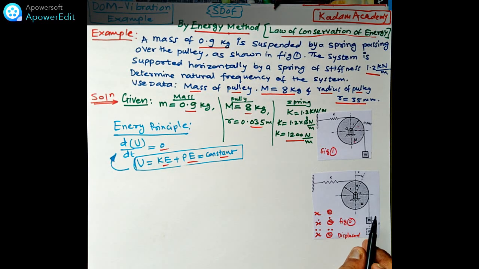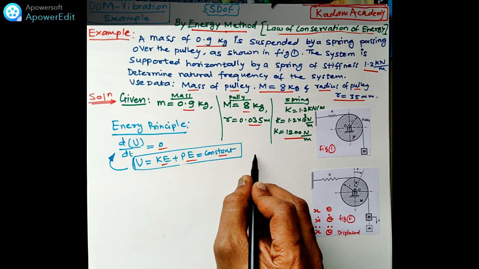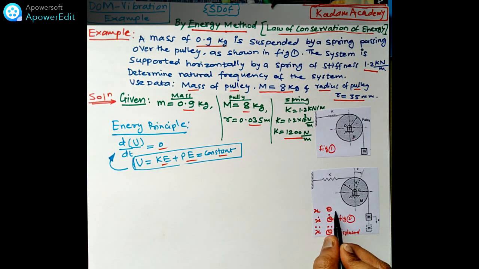Due to this, the pulley will rotate by angle theta. So this is the displacement, this is the velocity and this is the acceleration.